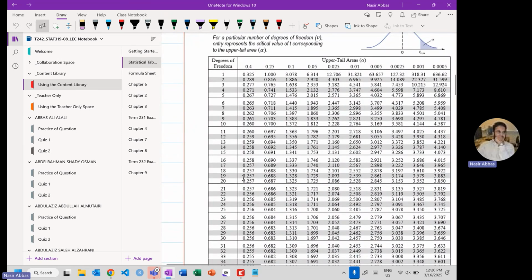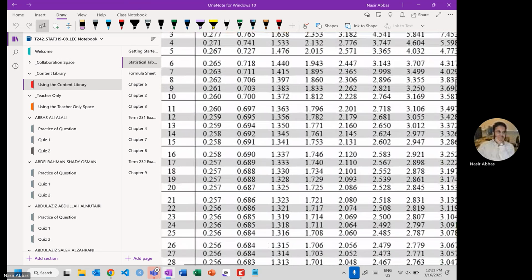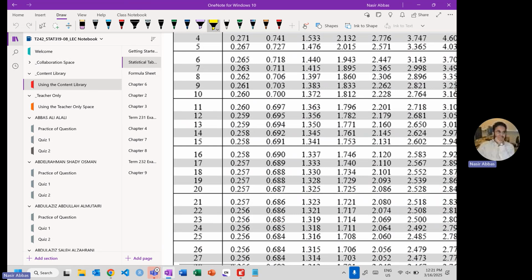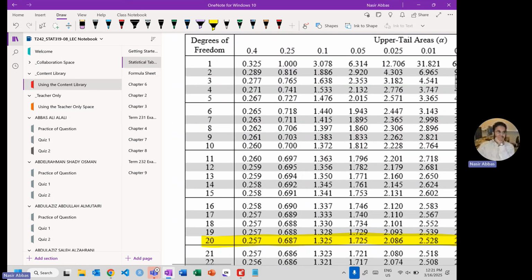With 20 degrees of freedom. Do you see 1.325 exactly? What is the value of alpha by 2 against this value? 0.1. This is alpha by 2, remember.